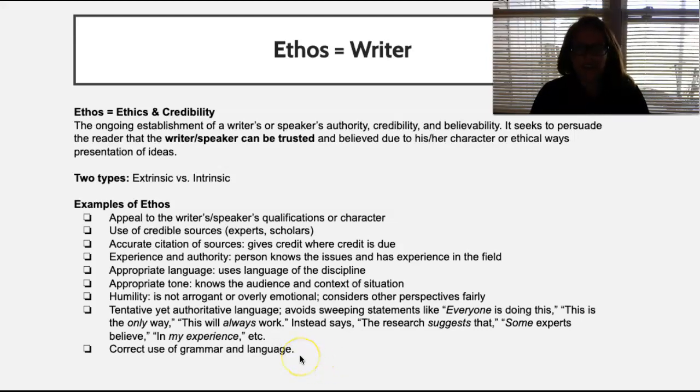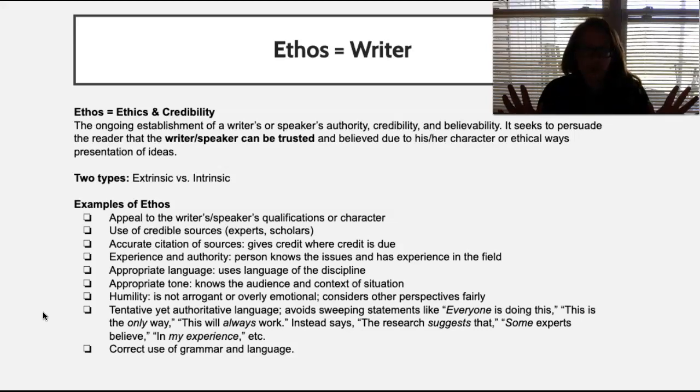And then, correct use of grammar and language. That's where the grammar comes in too. If you're thinking about advertisements, the way we're going to practice, you might think about appealing to reputation, things that say, I've been around, we've been proudly serving since 1893, because it's an established reputation.